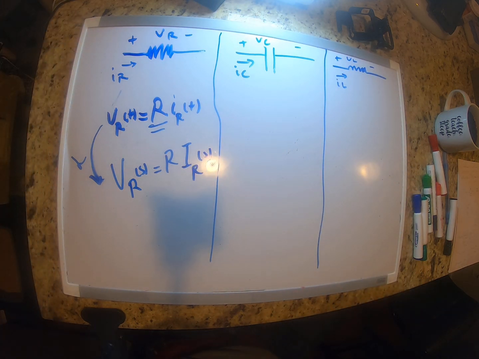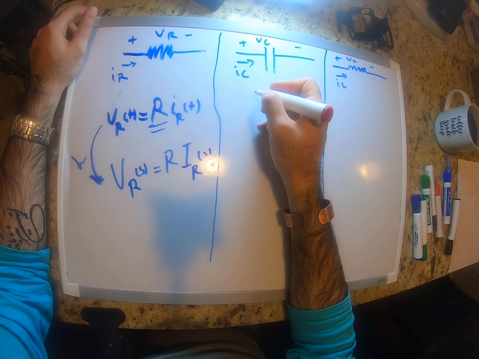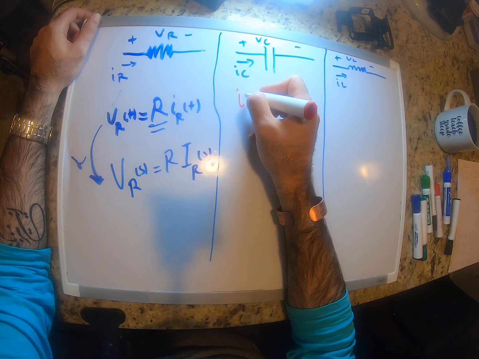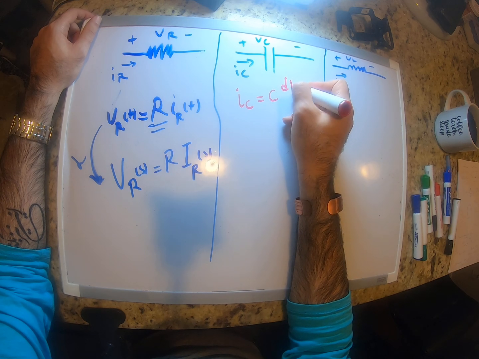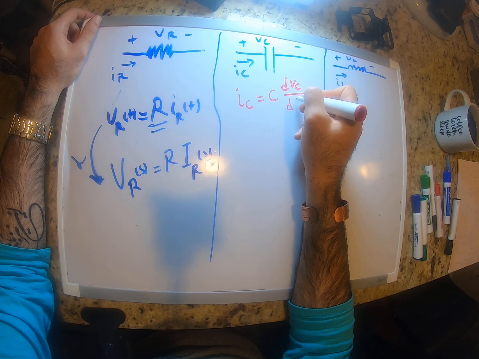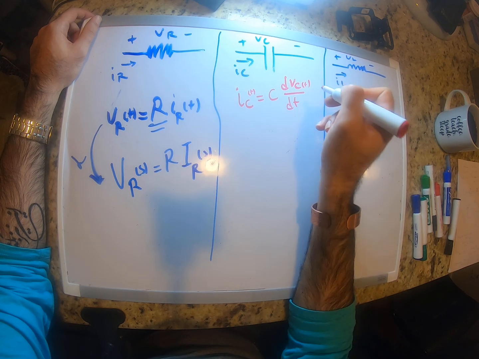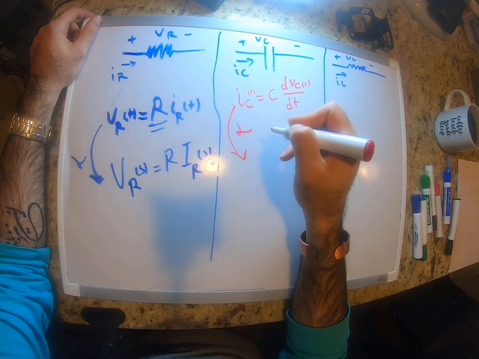Now let's look at the capacitor. You know that the current of the capacitor is equal to C dV_C over dt. Again, this is in the time domain. Let's take the Laplace transform of this one.